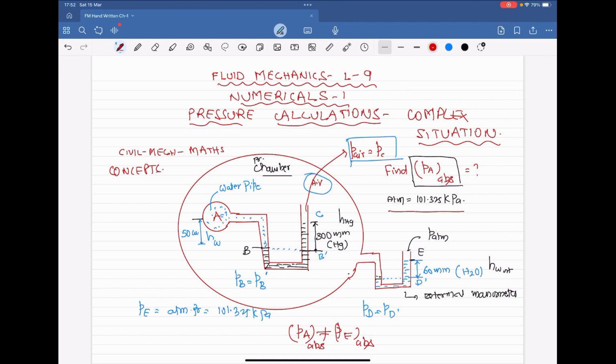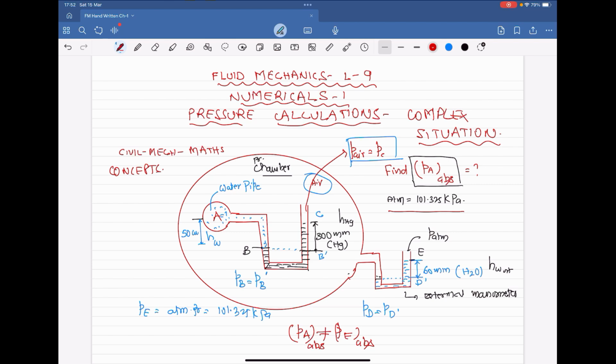For PA absolute, A is not open to sky, it is open to air. The manometer is open to air. Air is enclosed within the closed chamber. That means air is having some pressure other than the atmospheric pressure outside. We have to find out the absolute pressure at point A.